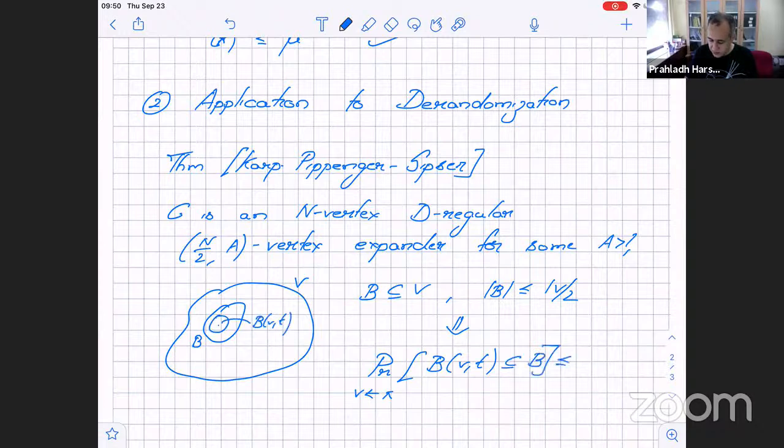We had shown that this is less than mu times a to the power t, where mu is the density of B.